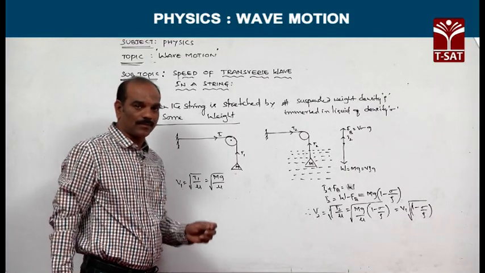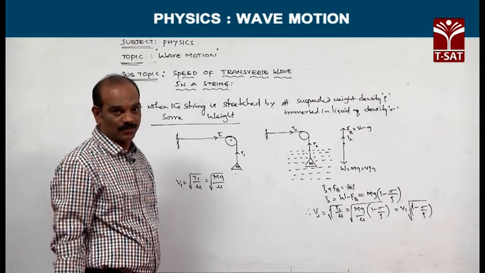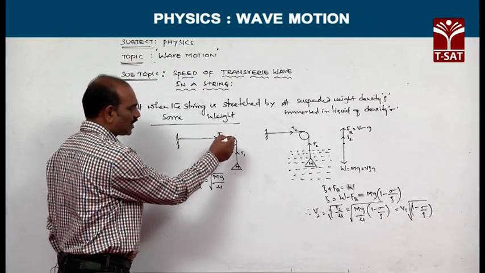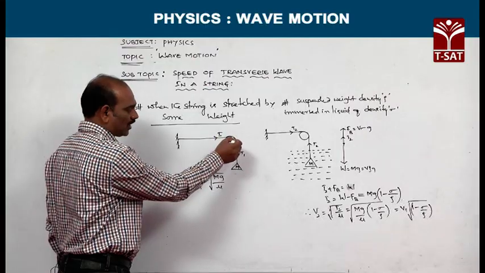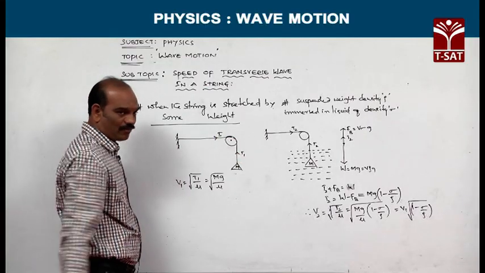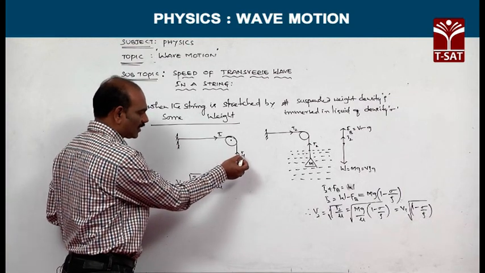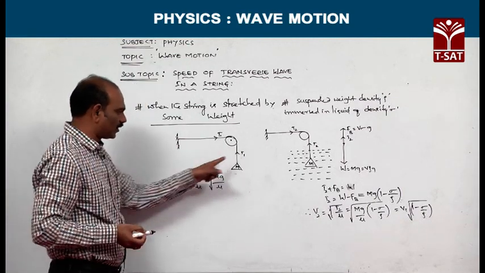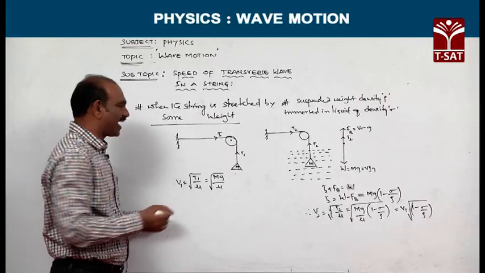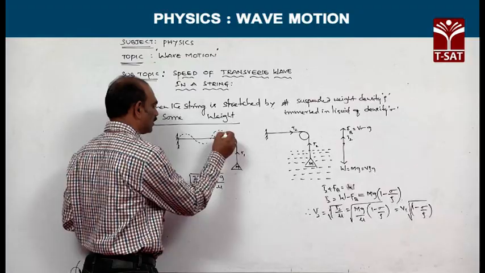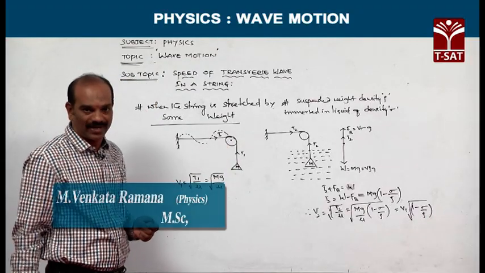So let us see some applications of the speed of a transverse pulse. Let us consider a string which is passed over a frictionless pulley. It is connected to a load of mass m, which is in air. Now, for the tension T1, we want to calculate the speed of the transverse pulse propagating through the string.